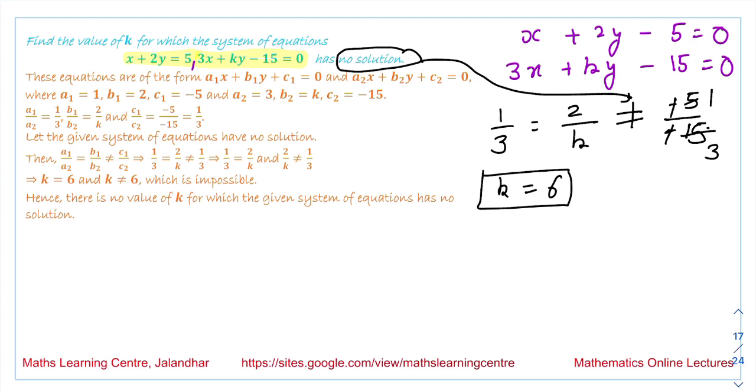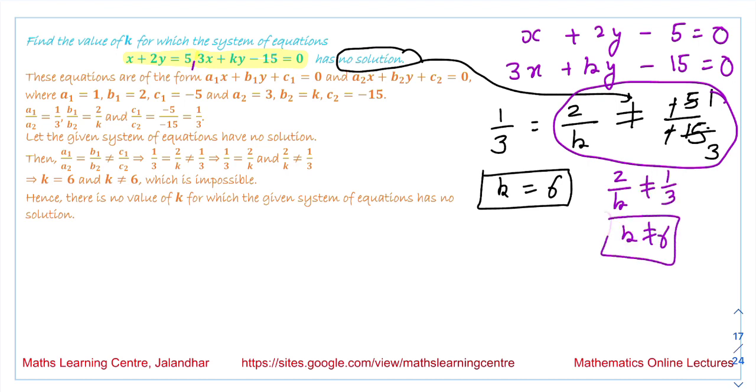And this value we are saying is 1/3. So what we see from this is that 2/k should not be equal to 1/3. So it means k should not be equal to 6. So we are getting two conditions over here. In one we are saying that k should be equal to 6, and in the other that k should not be equal to 6.